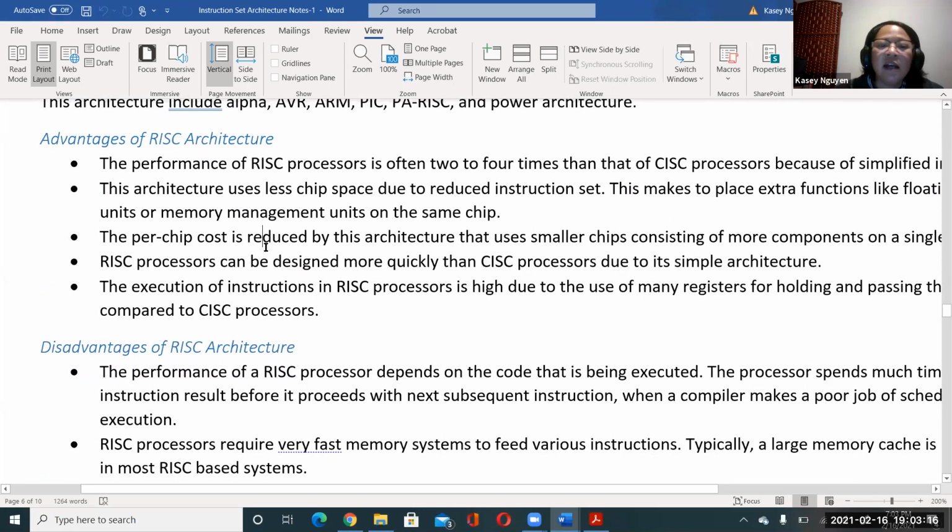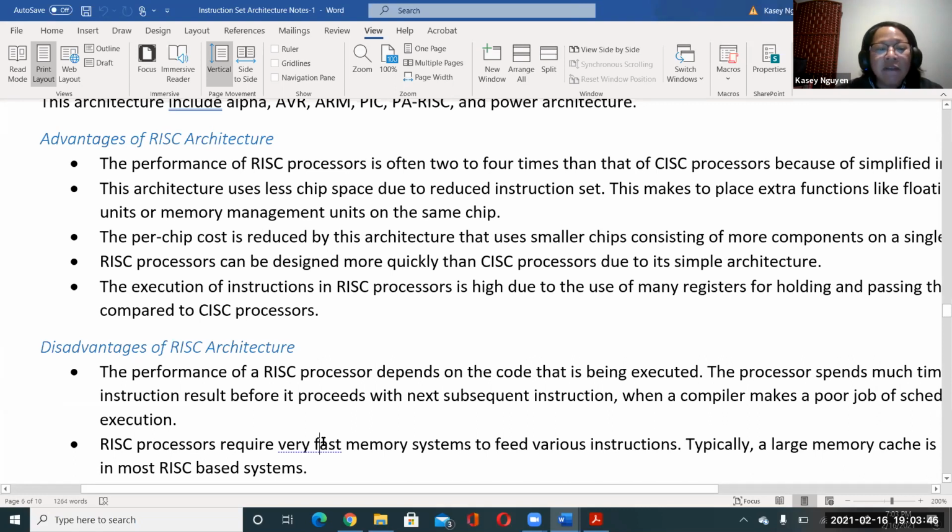And with the reduced architecture and smaller chip, which consists of components that are simpler, it can be designed faster. That's why we saw on Wikipedia approximately 160 billion since 2019, compared to CISC, where you cannot have as much quantity because it would require more to produce.